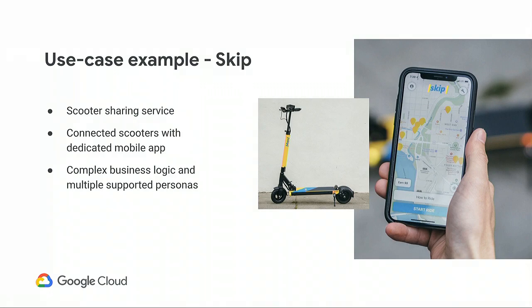So if you think about it, the user of the application and the scooter needs to gain access rights to the scooter just for the period that person is riding it. So this is a pretty complex business logic here, and they are actually using Google Cloud services.